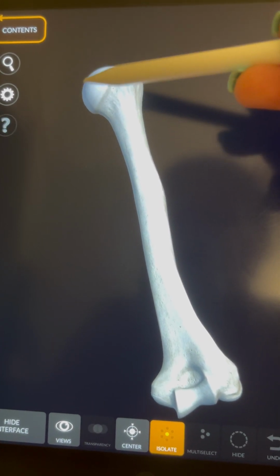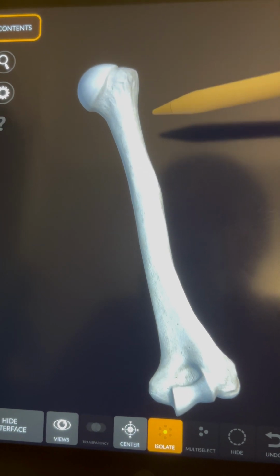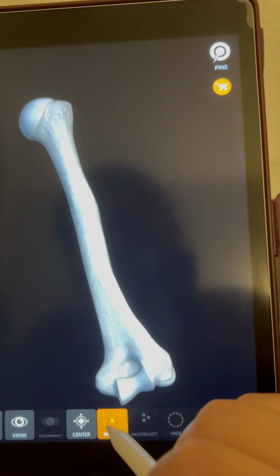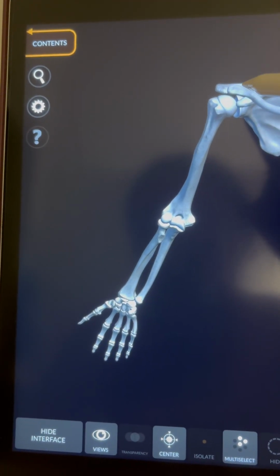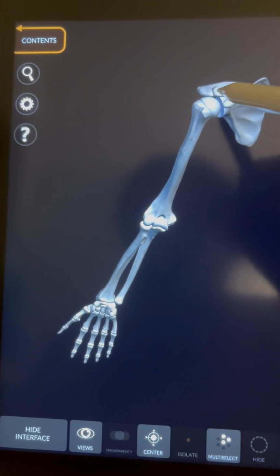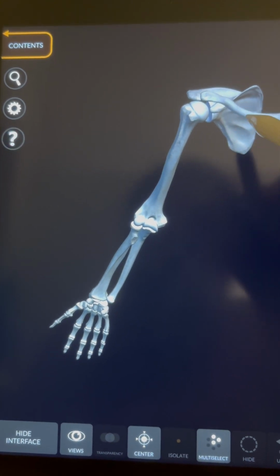So this is no longer attached to the glenoid cavity. That's known as a dislocated shoulder. And a separated shoulder is basically when the clavicle and the acromion process here of the scapula separate. So that would be a separated shoulder.